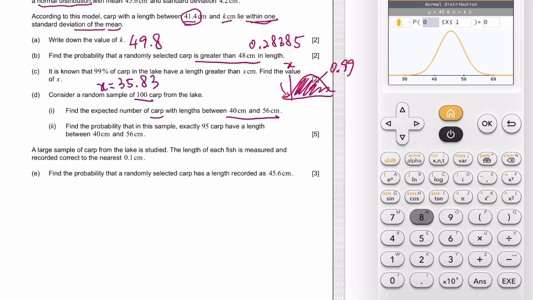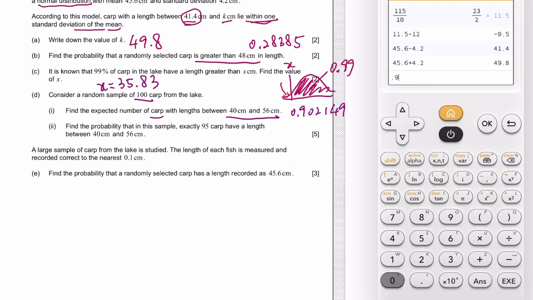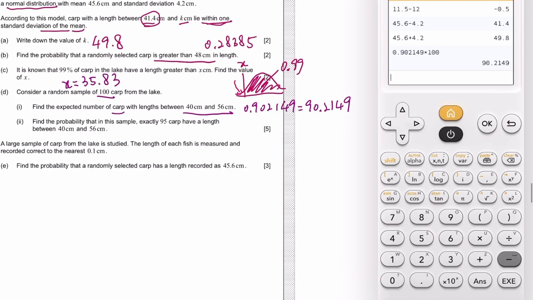One of those is between 40 to 56, 0.902149, and then you multiply that by 100. That would be the expected number. Right. So on average, you expect 90 of them to be between that. It's okay for the expected number to be a decimal, even though in real life you can't have 0.2 of a carp.